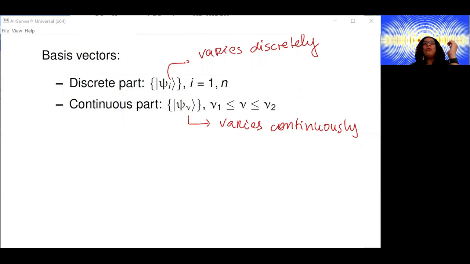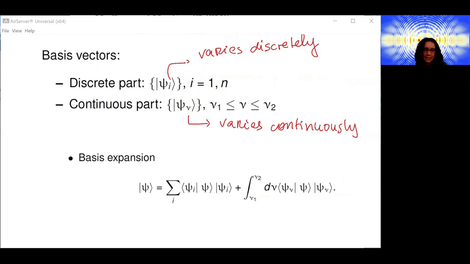So you're not only going to have continuous problems or discrete type of problems. And if you would like to expand your wave function in this type of basis, again, here you insert your identity operator.